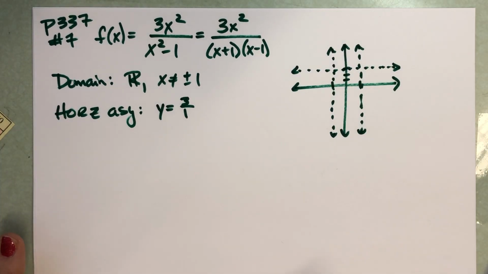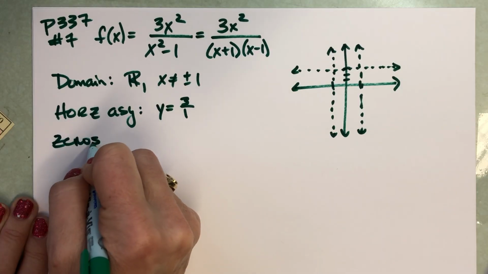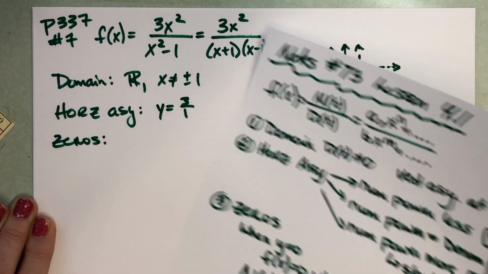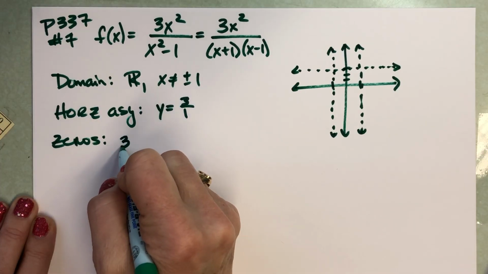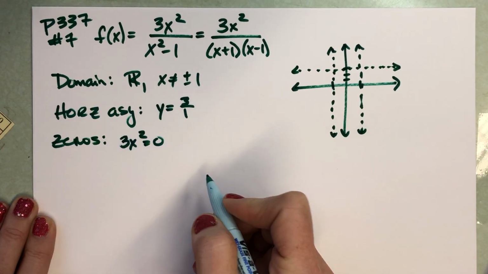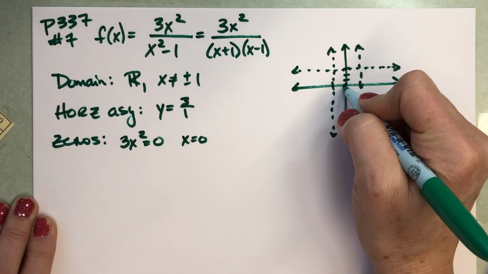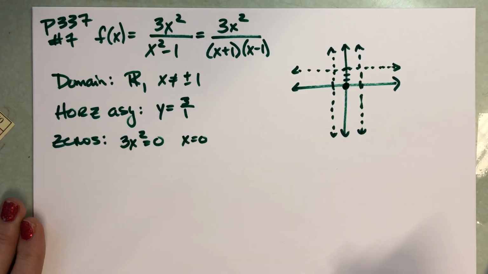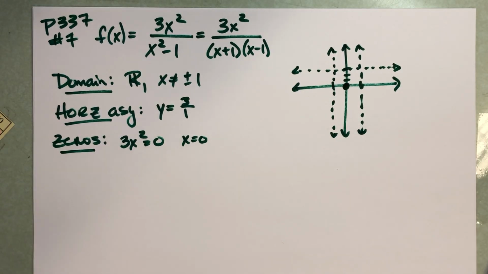The next thing I need to think about is my zeros, right? Where are my zeros? As I said over here, think about when your numerator equals 0. So when is 3x squared going to equal 0? Well, x equals 0, right? So we know the graph is going to touch right here. Okay, I've got my domain, my horizontal asymptotes, my zeros. What else is there to think about?